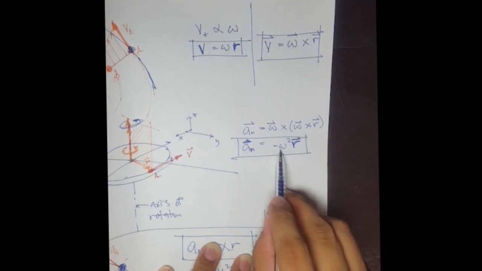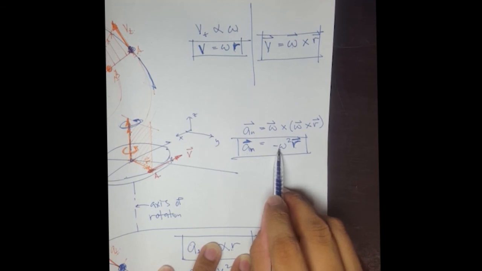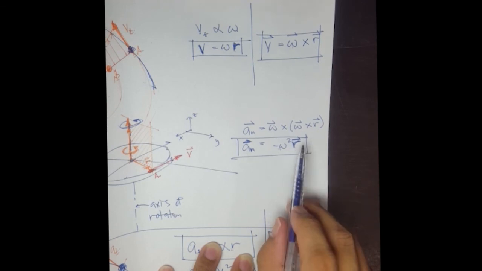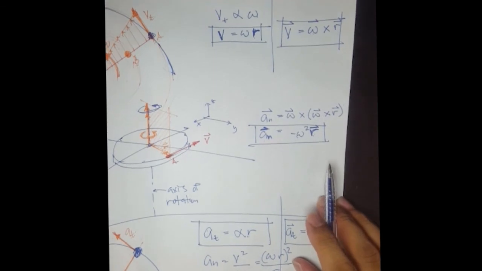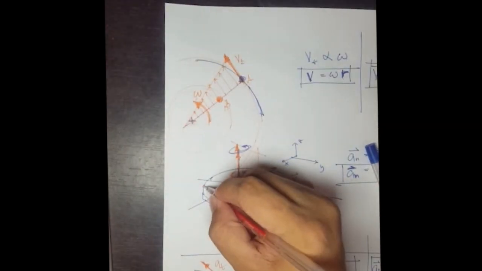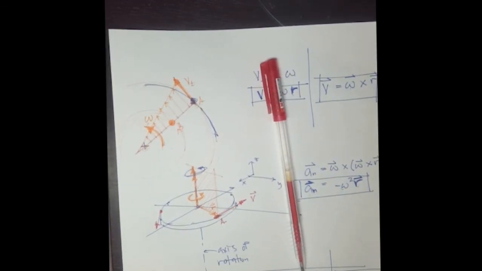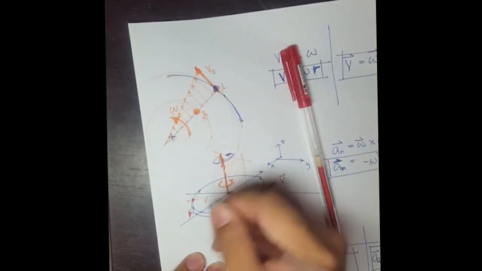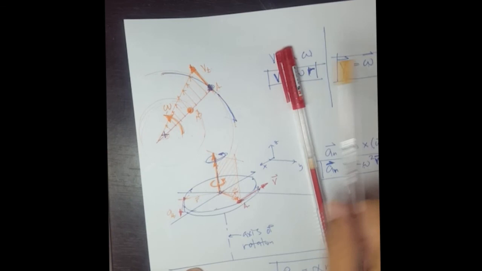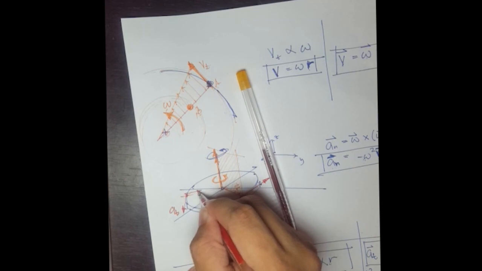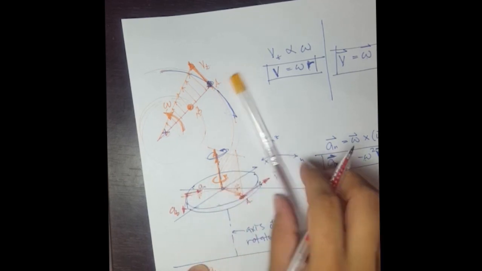This one is simply the product of the scalar angular velocity squared times the position vector. Okay, so you see here, if we draw another one, let's say this is the acceleration vector here. Let's say this is the r position, and then this is the tangential component, and then we have another component here, the normal component.